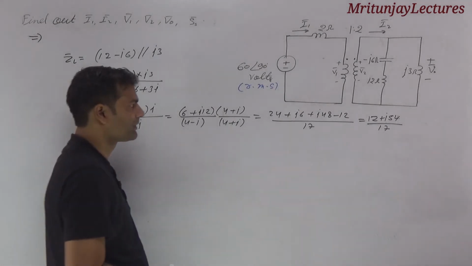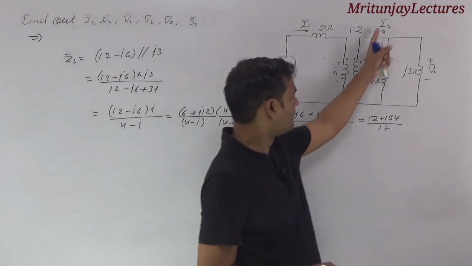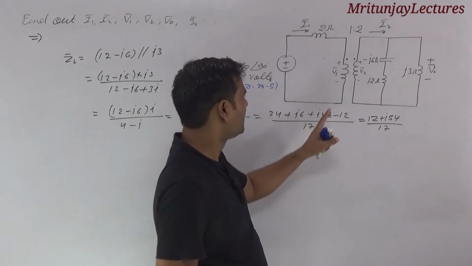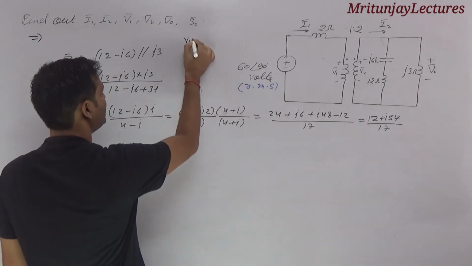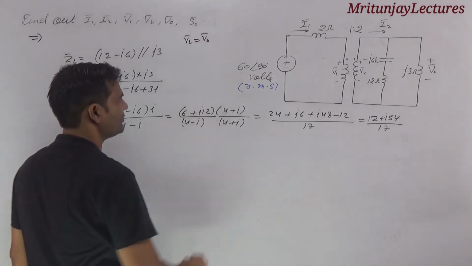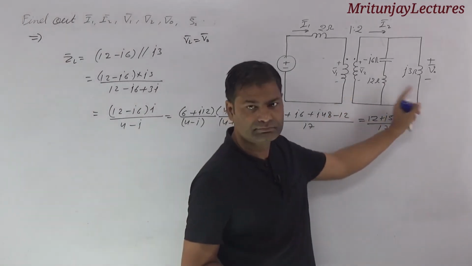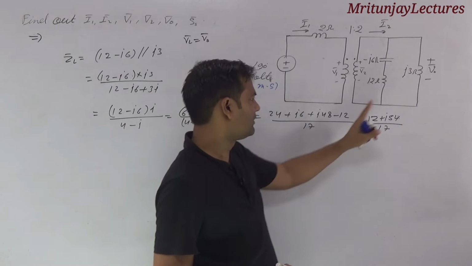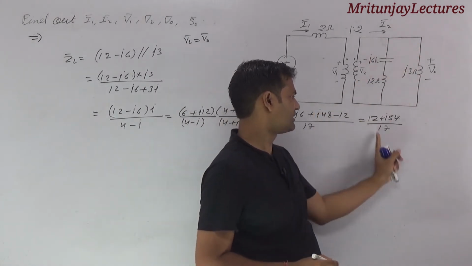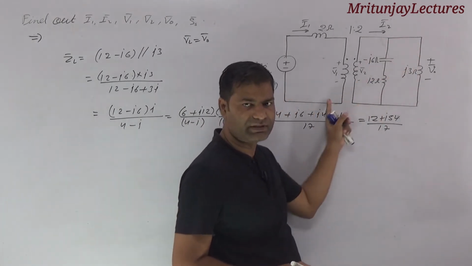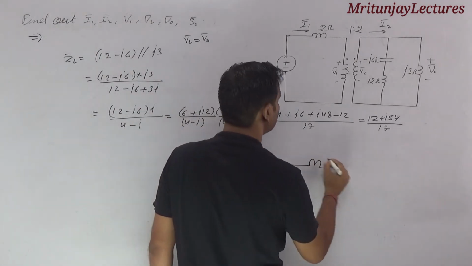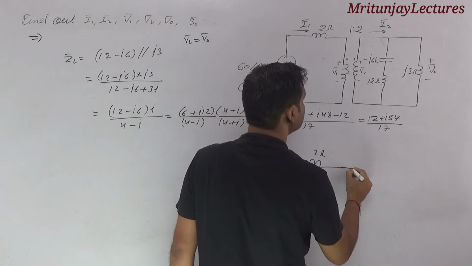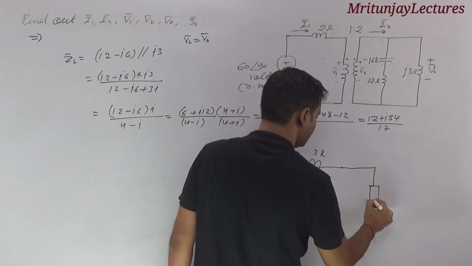Now, the whole combination: first of all V1, V2. What is the relation between V2 and V0? Is it the same? Because both are in parallel, that's why. Clear? Now if this combination is converted to the primary side, then we get ZL.